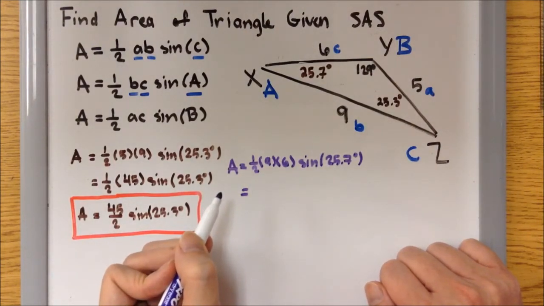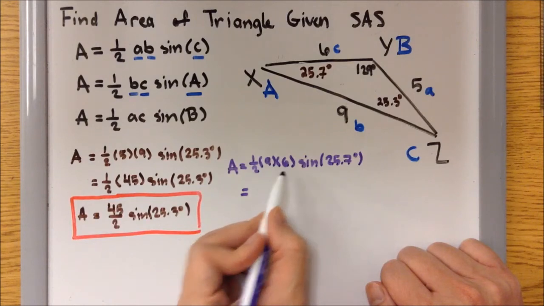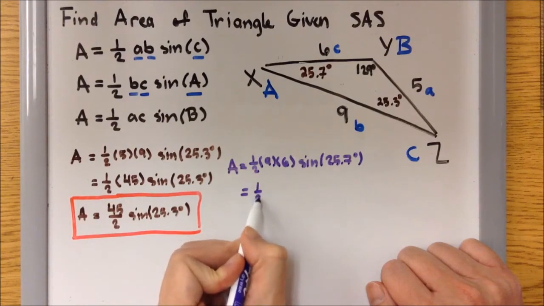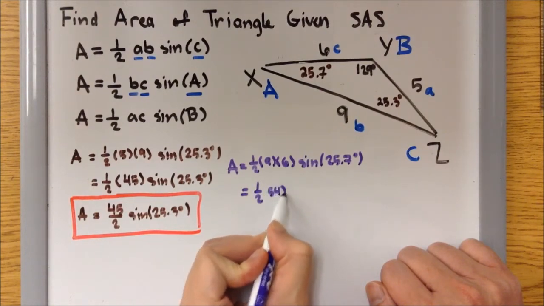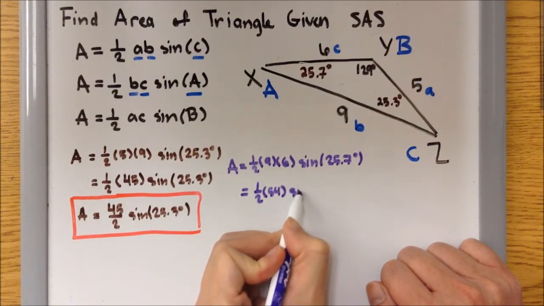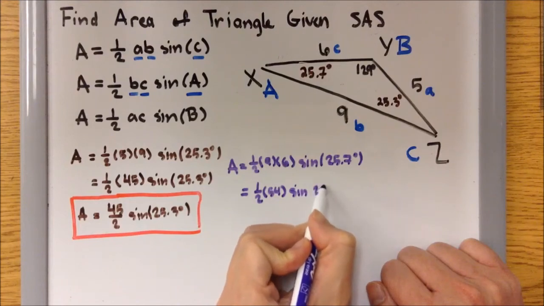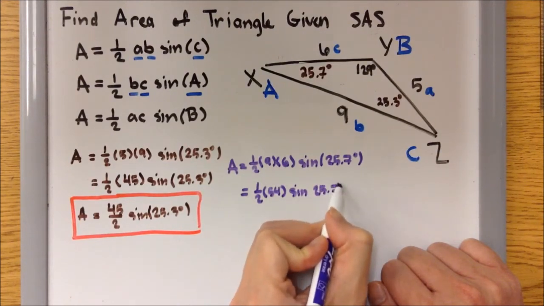So the only thing I could simplify is 9 times 6. So I'm going to have 1/2 of 9 times 6 is 54 times sine of 25.7 degrees.